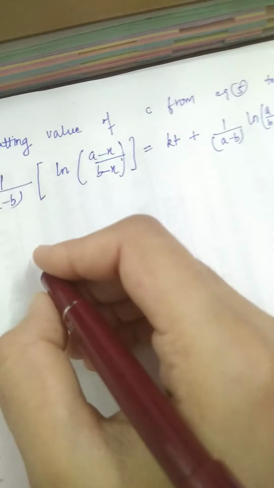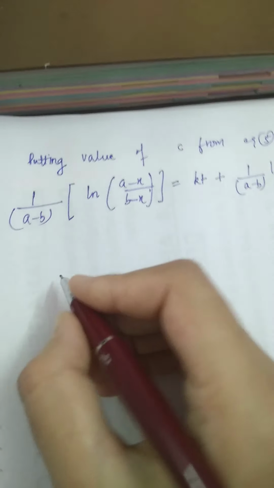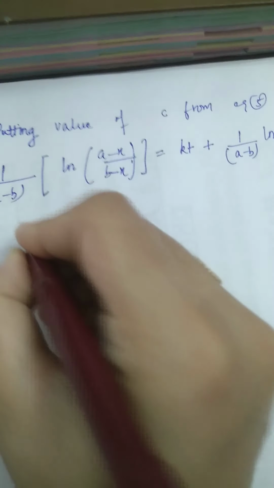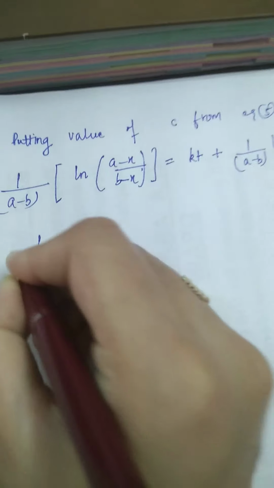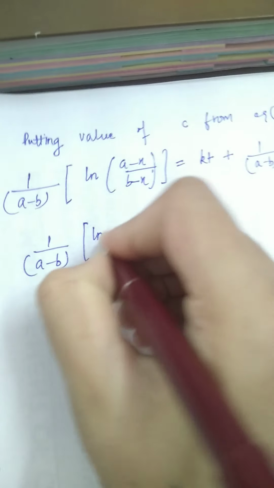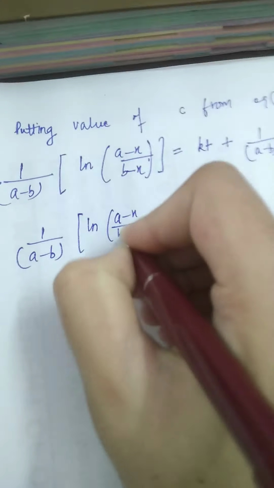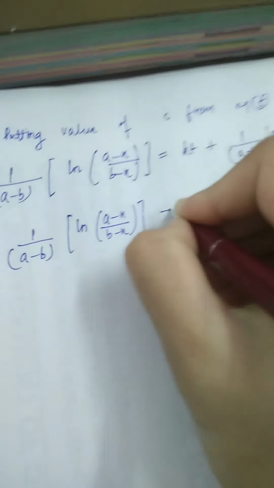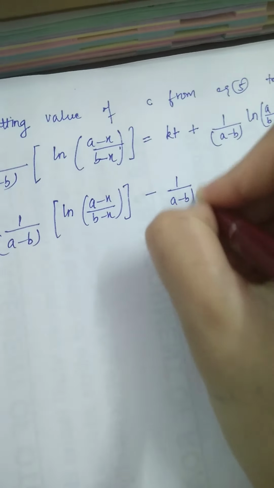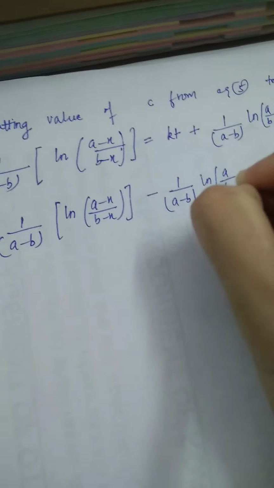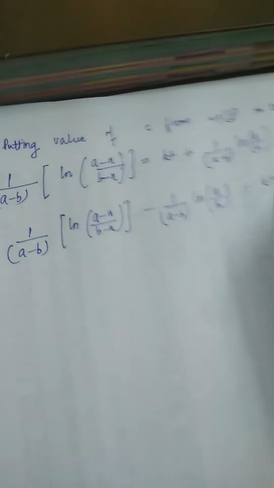For c we had the value 1 upon (a minus b) ln a by b. If we take all the log terms to the left hand side, we get 1 upon (a minus b) into ln [(a minus x) upon (b minus x)] minus 1 upon (a minus b) ln a by b is equal to kt.